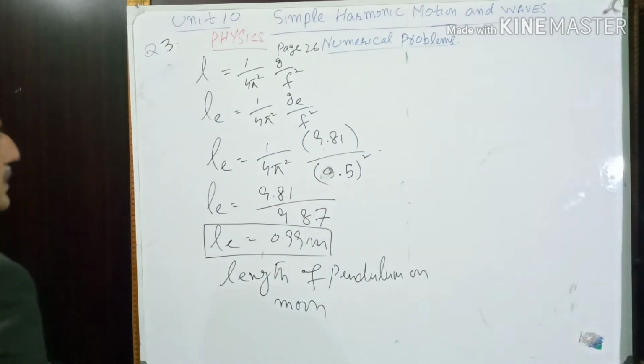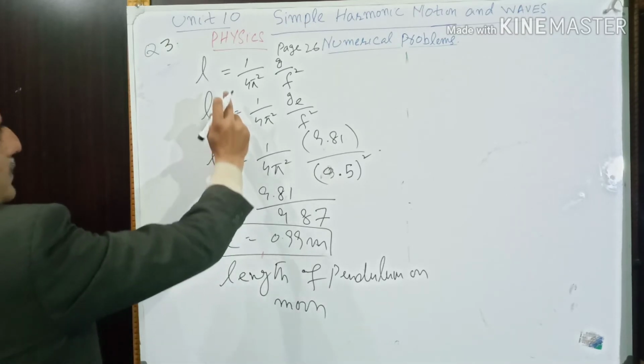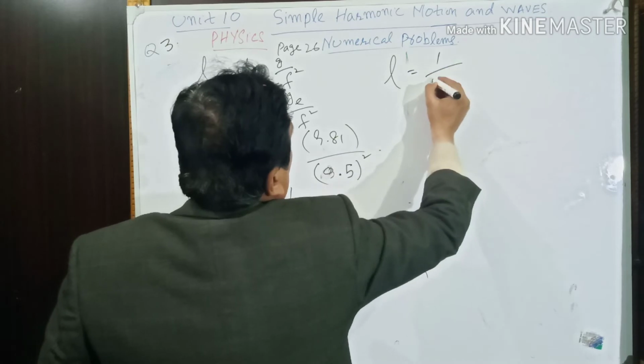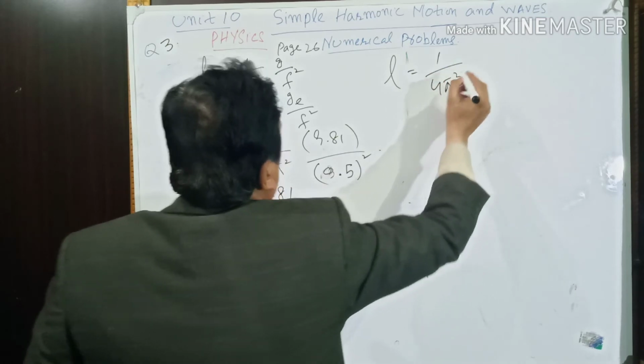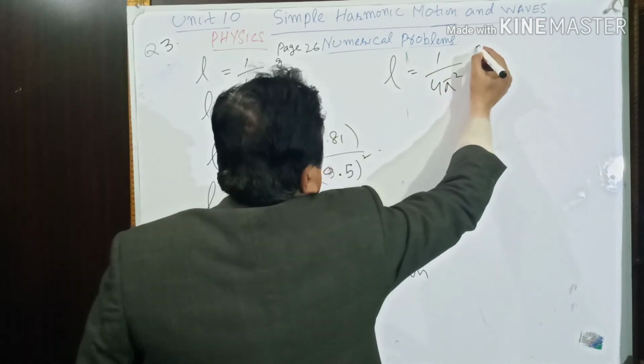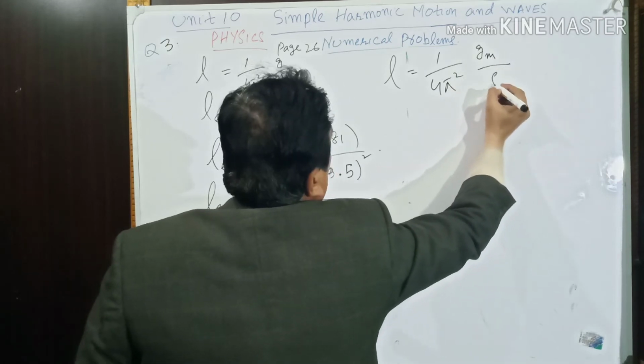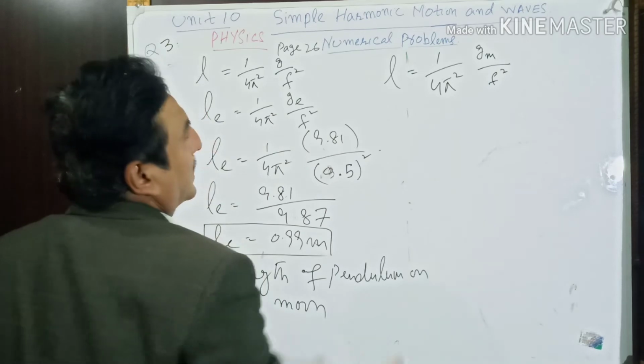Again we will use this formula. Length is 1 by 4 pi square g on moon and f square.